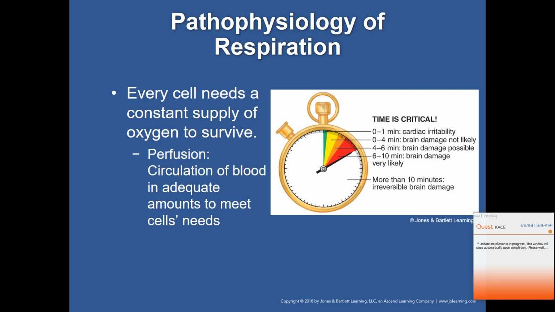That's another reason why, whenever we have a patient that's in respiratory distress, one of the physiological reactions to hypoxia is the body automatically increases the heart rate and increases the blood pressure. The body wants to make sure that the problem isn't the heart and isn't the blood vessels. If it is, we're going to take care of that.